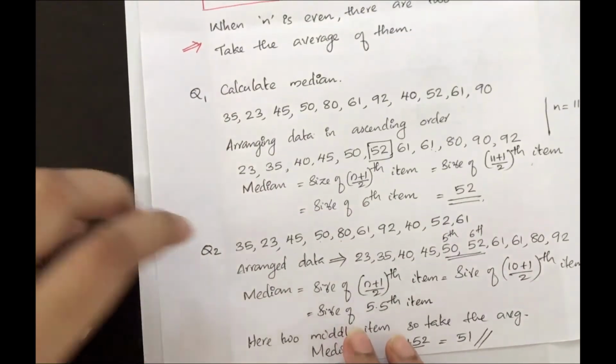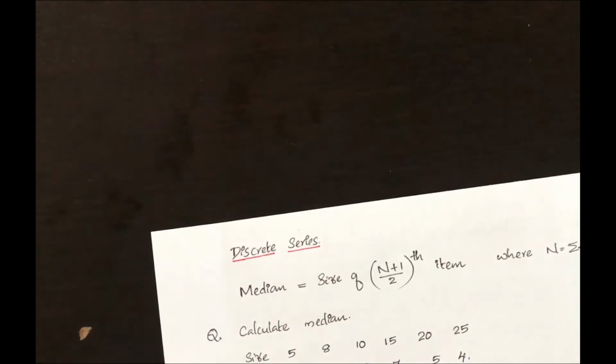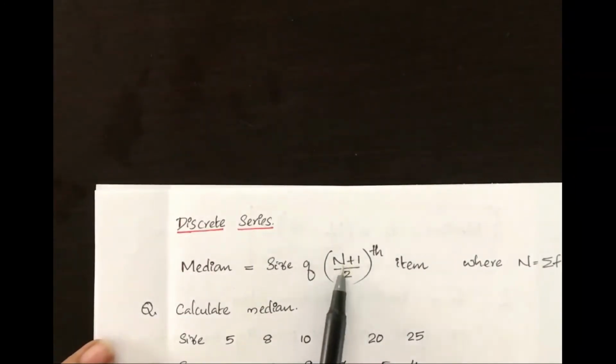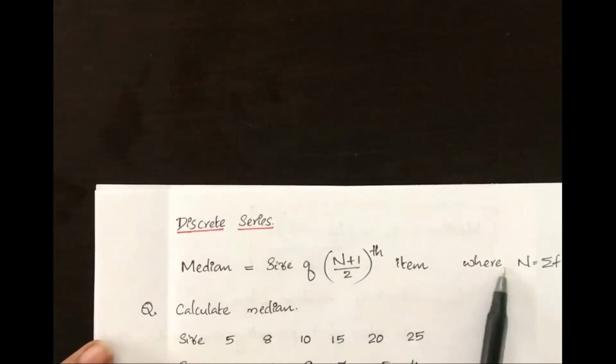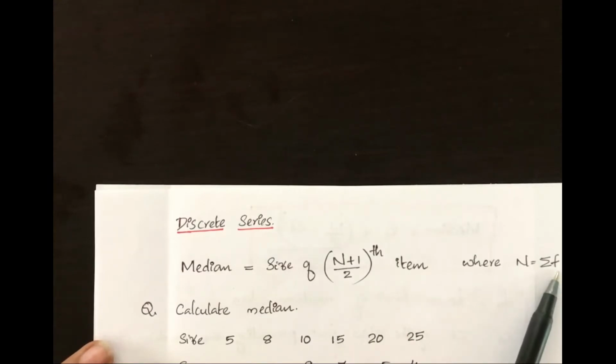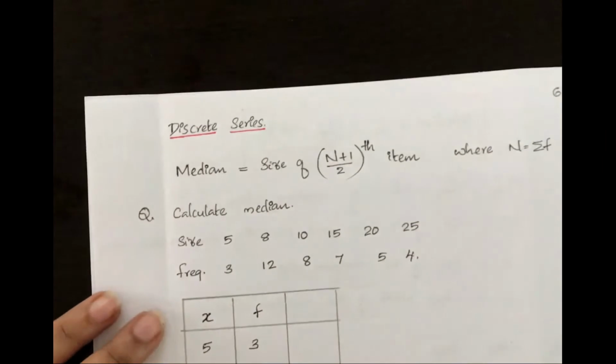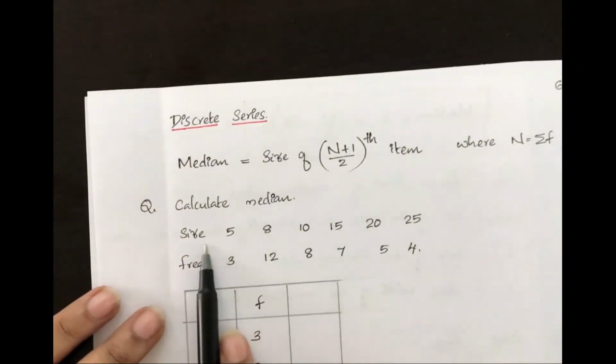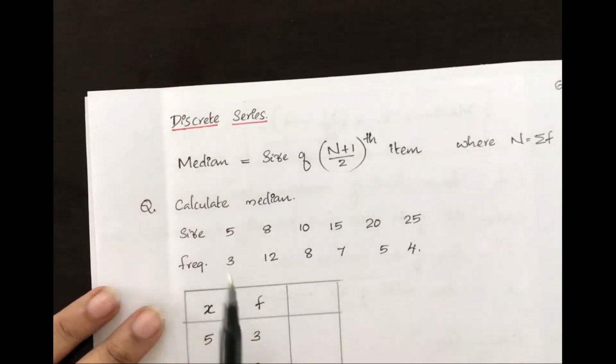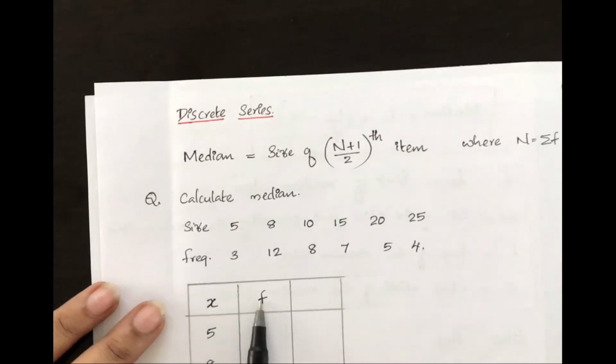Now we can look at how to find median in discrete series. The equation is size of (N plus 1) by 2th item, where capital N is equal to summation f, that is, the total of frequency. We can look at one problem. Here size and frequency are given. Size means x values, frequency is f.